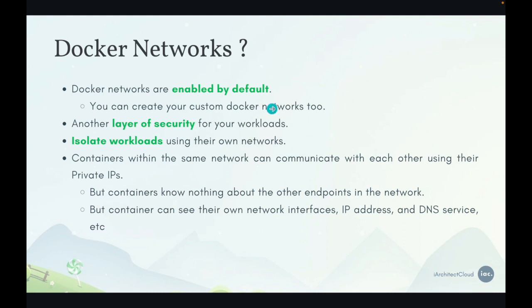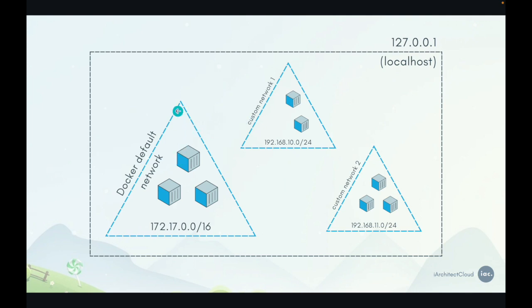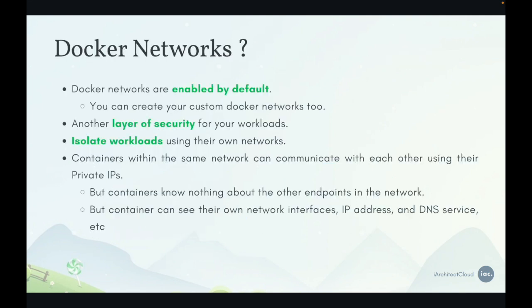This is another very good layer of security for your workloads, because your workloads are isolated at the network level. This is a really good security feature that comes with Docker. You can easily isolate your workloads using their own networks. That is another advantage we get.